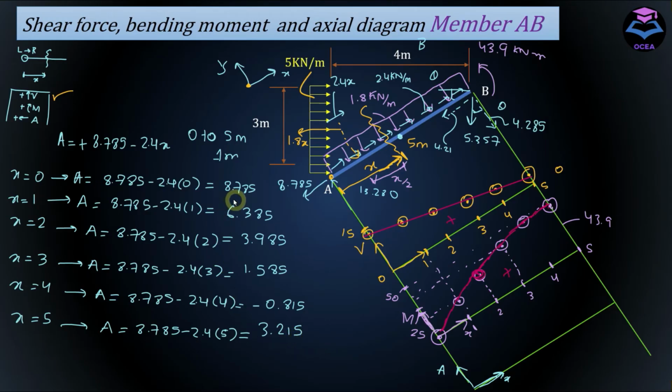The highest value of axial force occurs at x equals 0, and it's equal to 8.75. Let's mark the axis of axial force according to this value. So let's say that 10 is somewhere here and 5 is somewhere here.